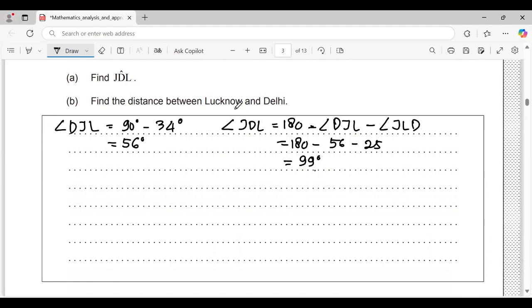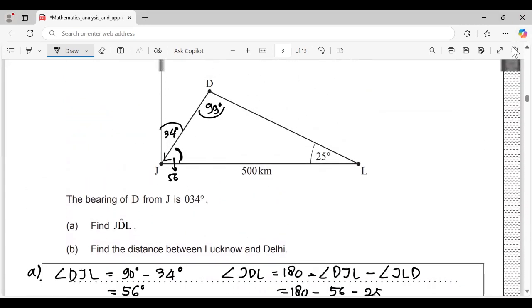Find the distance between Lucknow and Delhi. Part B. I'm going to use the sine rule.